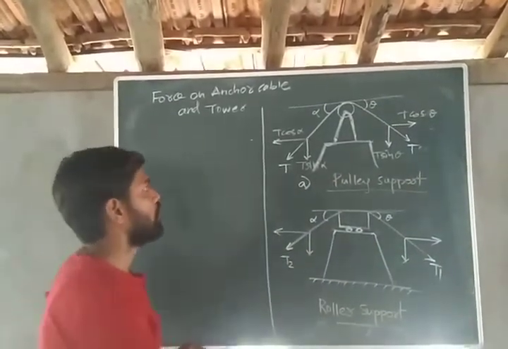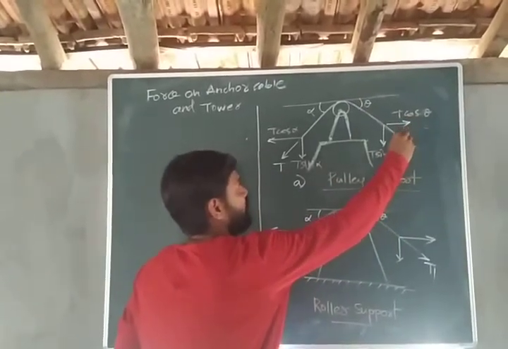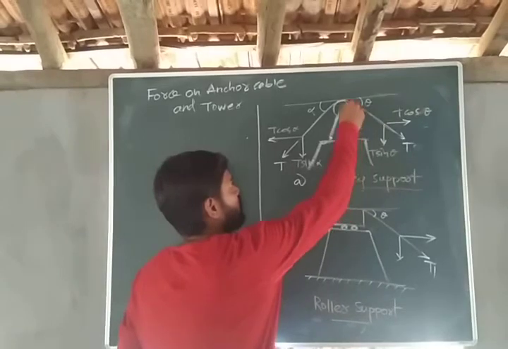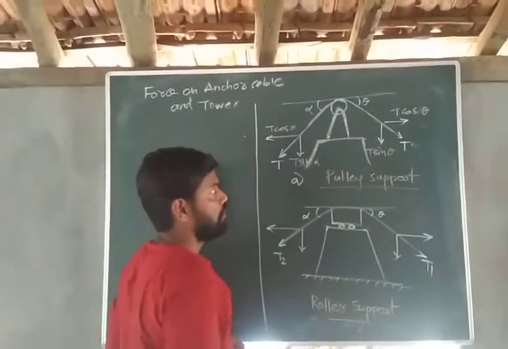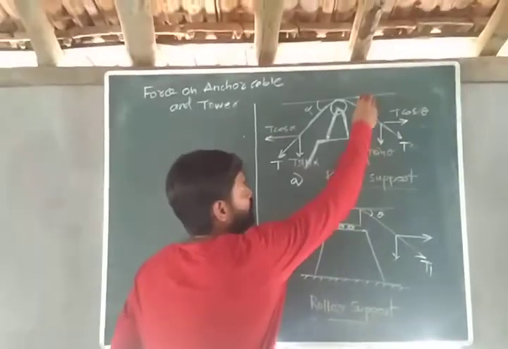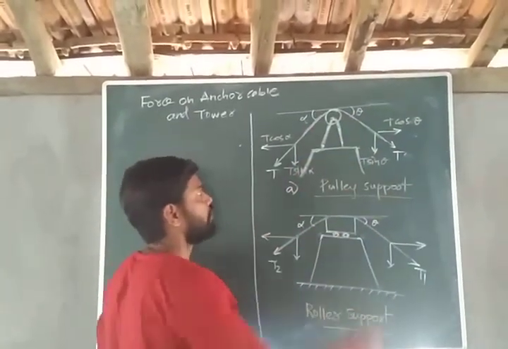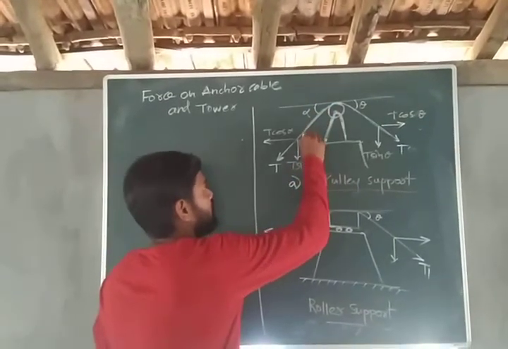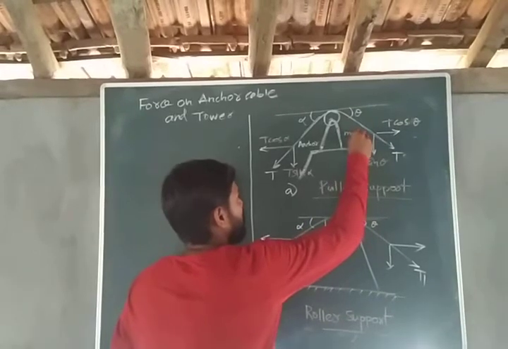So now see, this is your suspension cable which passes over this pulley, and this is your anchor cable. The angle of inclination of the suspension cable with horizontal is theta, and the angle of inclination of this anchor cable with horizontal is alpha. This is your anchor cable and this is your main cable.